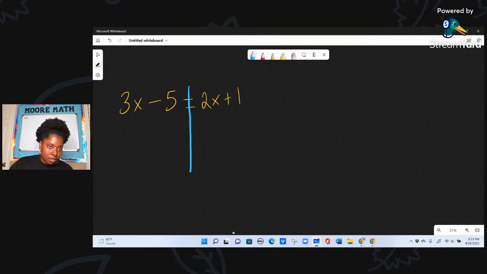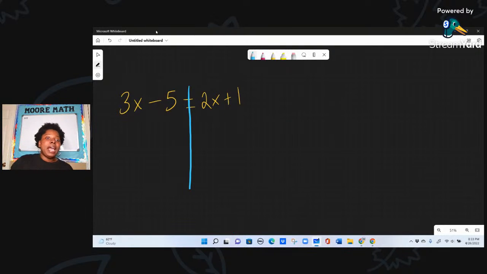Okay. So if I have 3x minus 5 equals 2x plus 1, we just have to split this equation. We did something similar earlier, right? I want all of my x's on one side and I want all of my numbers on the other side.